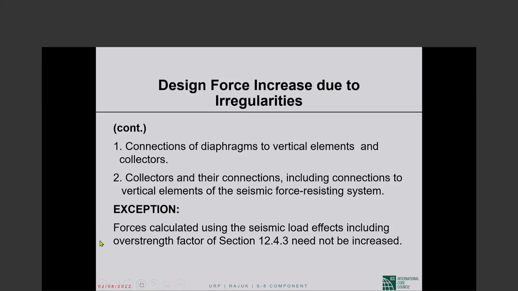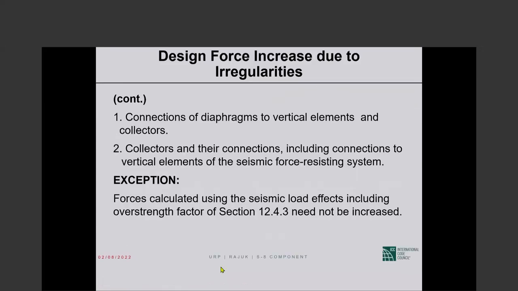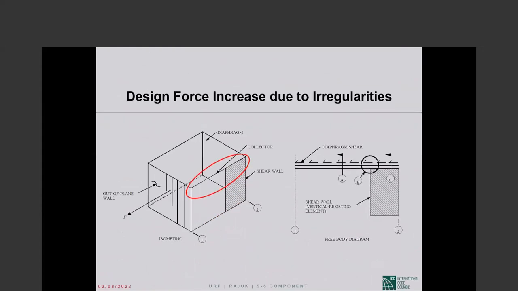So if you are in design category D, the collectors and their connections have to be designed using the load combinations with overstrength factor. And in that case, the 25% requirement goes away. It is not on top of omega sub 0. So most of the time, at least that part of the requirement will be moved in design category D. Okay. The explanation of where the 25% increase applies.